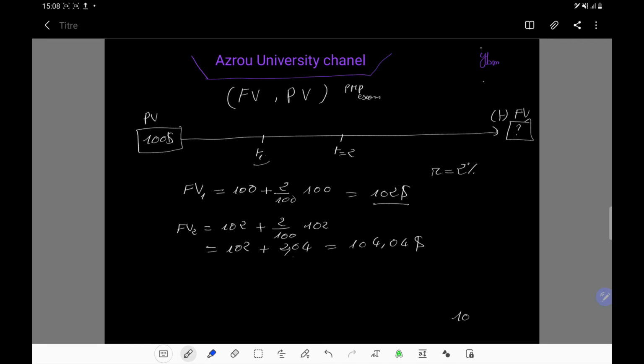Okay, so $100 in 2 years will worth $104.04. Okay, now we want to know the value of this $100 at any points of time, at, for example, year number n or period number n. Here we need a formula. Okay, let's find this formula.